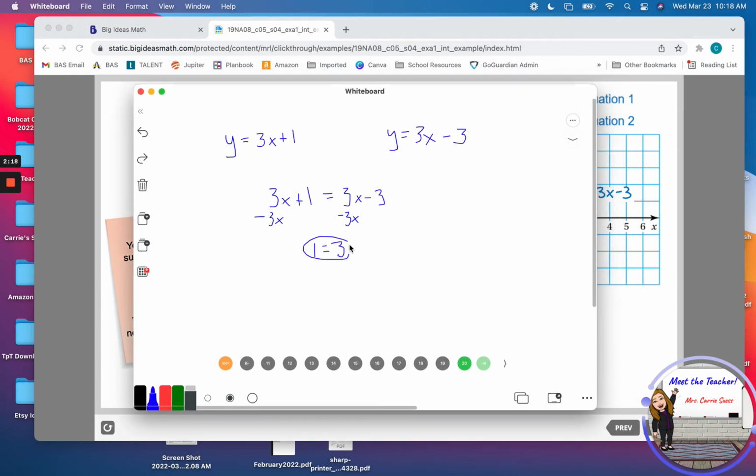Can 1 equal -3? No. So do these lines ever cross? No. So there is no solution. You're already done.